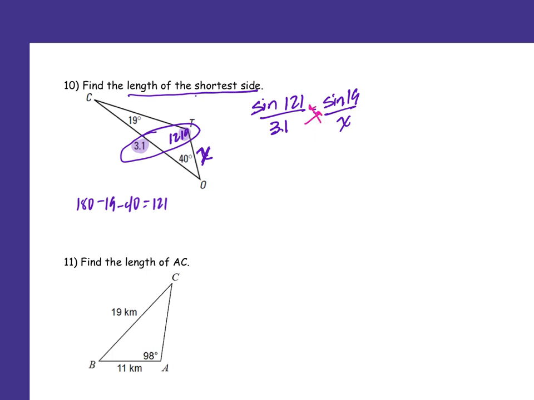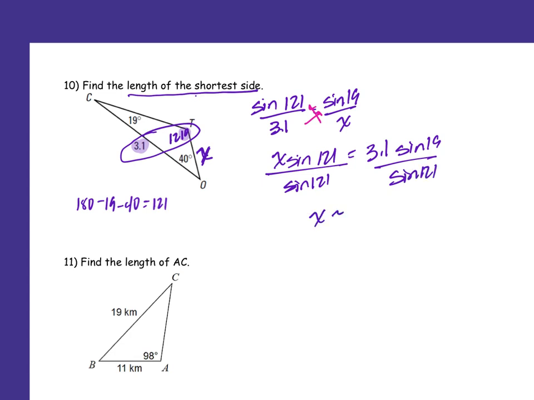Cross multiply. So I get x sine of 121 equals 3.1 sine of 19. Divide by sine of 121.